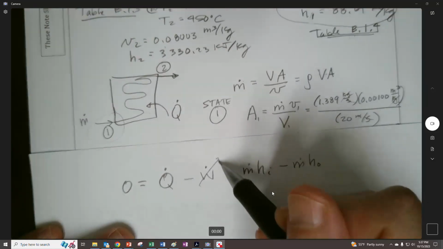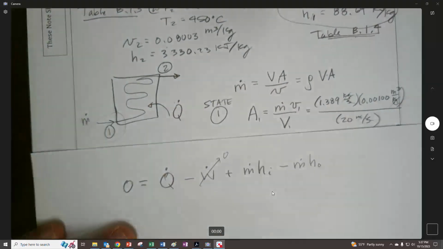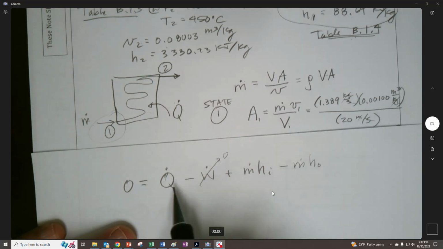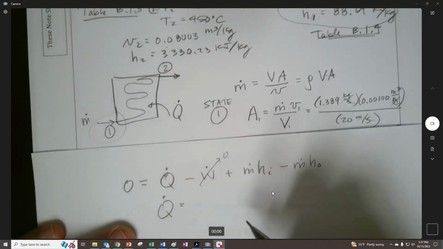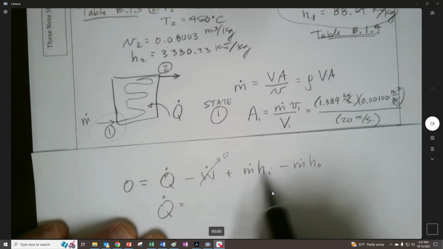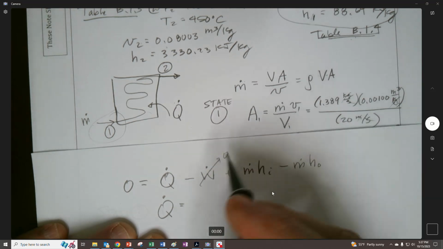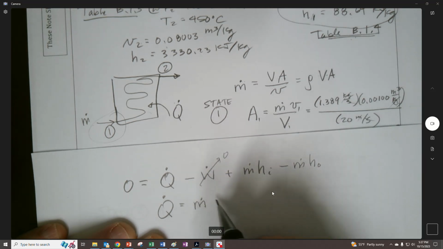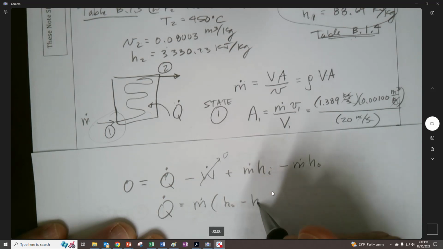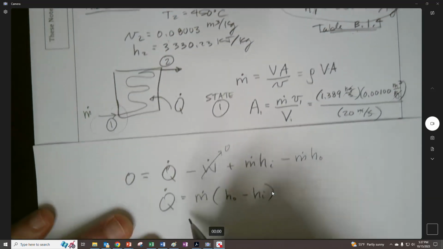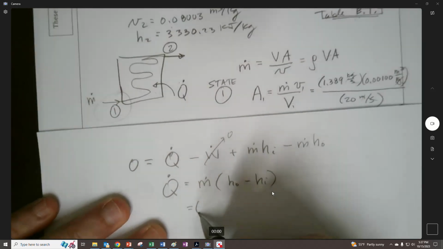Well, there's no work involved in this to be extracted or put in, so that's going to be 0. So we're basically going to say the heat flow is equal to m dot times output minus input, and so we can have our values.